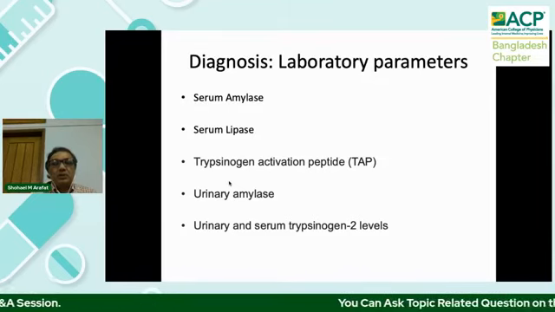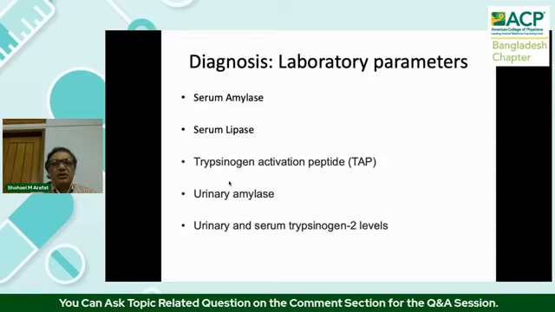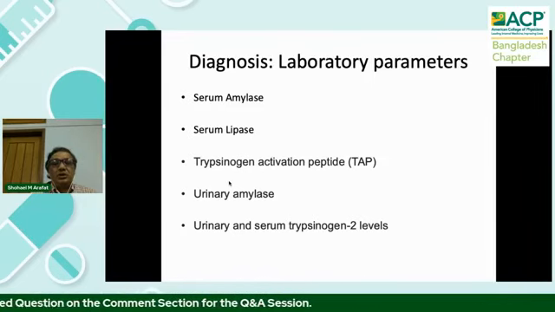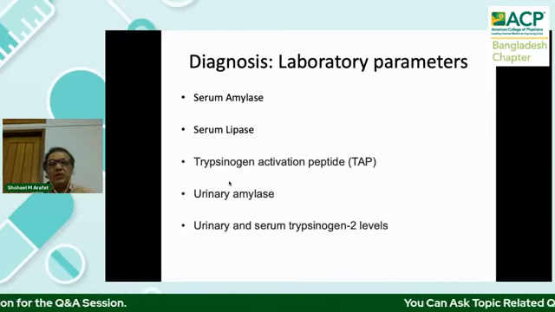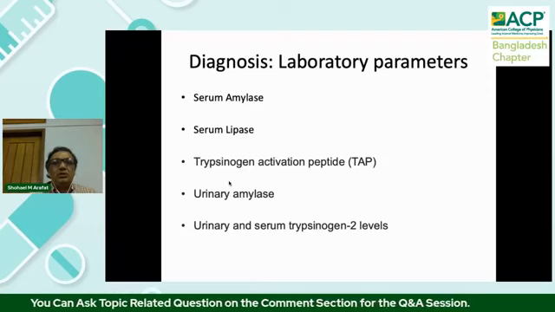But the last three are not commercially available and are expensive, though they might help in the near future. Till today, amylase, lipase and urine amylase do a lot in making the confirmatory diagnosis.